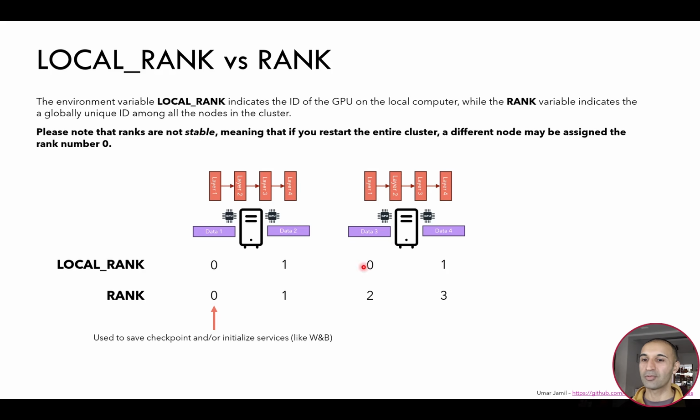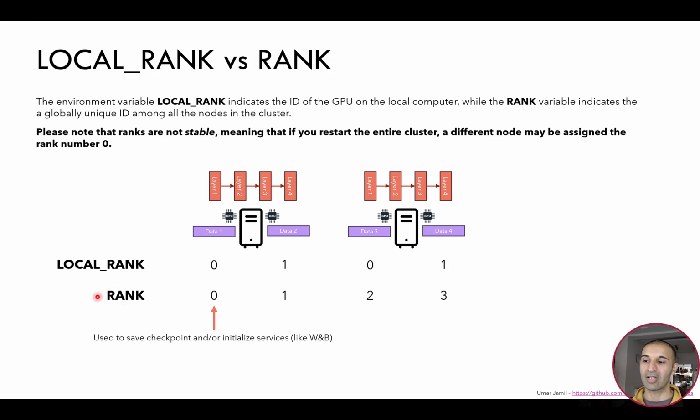The local rank is useful, for example, when we want to print on only 1 GPU per computer, while the global rank is useful when we want only one GPU among all the others to perform an operation. For example, if we want to initialize Weights and Biases or any other service that should be initialized from only one node in the whole cluster, we use the global rank.